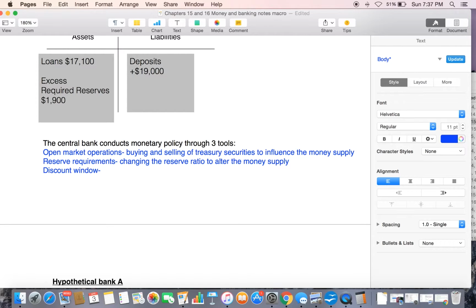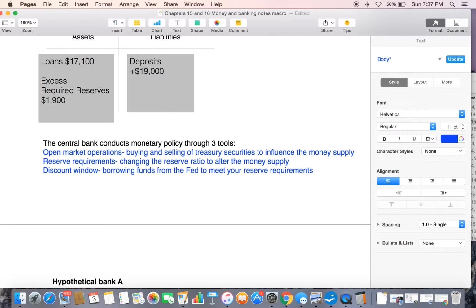So the discount window is where you can borrow funds from the Fed. You can go to the Fed and say that you need to borrow funds at a certain interest rate, which is called the discount rate. And you can go to this discount window to borrow those funds to meet your required reserves.